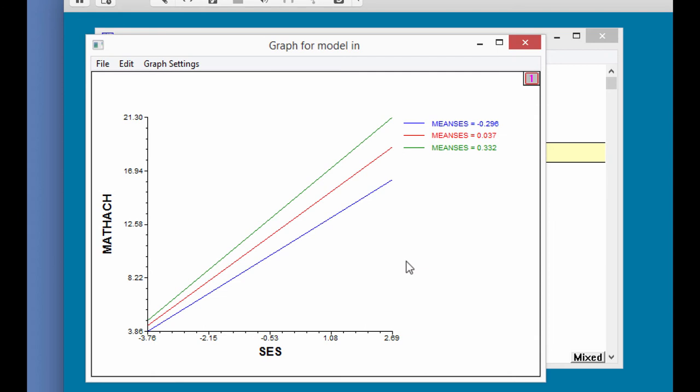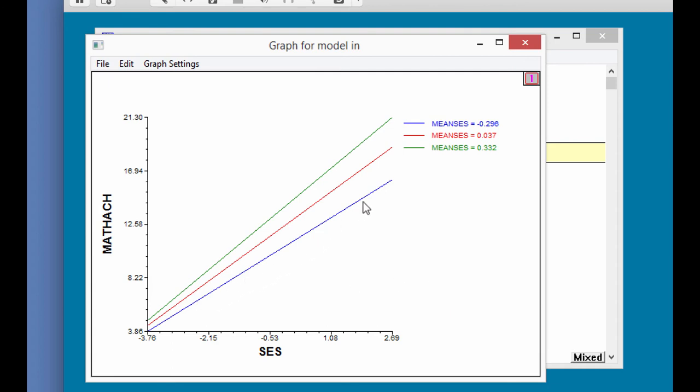Here we can see that schools that have high mean SES as compared to moderate SES as compared to low SES have different predictive values for math achievement based on SES.